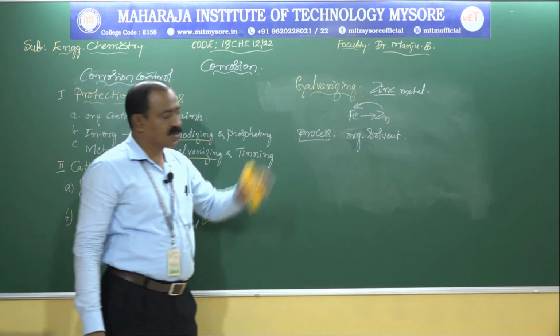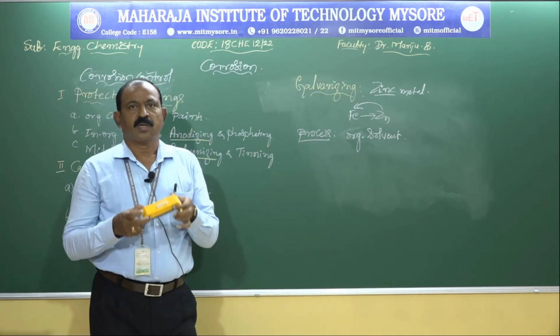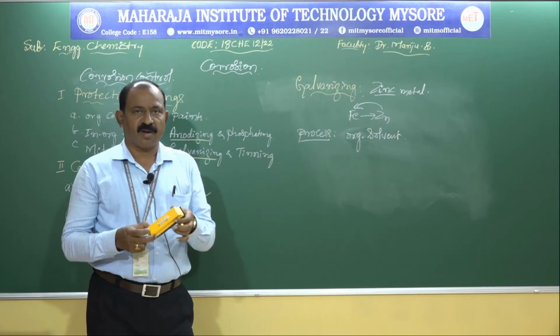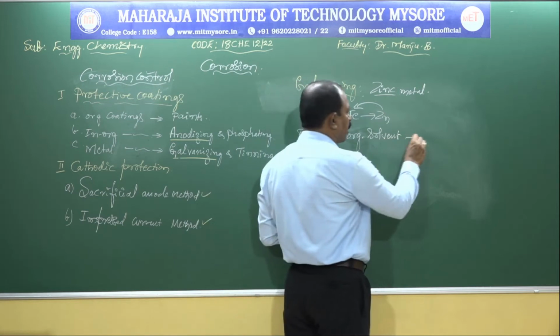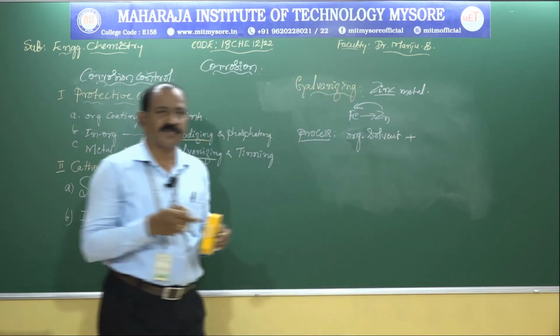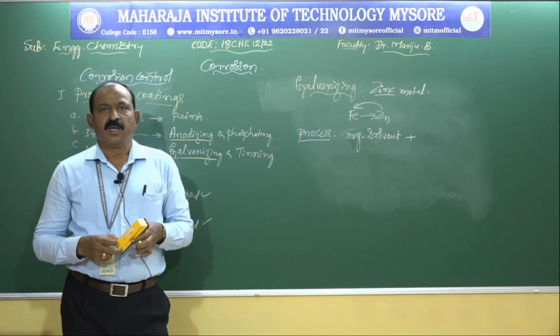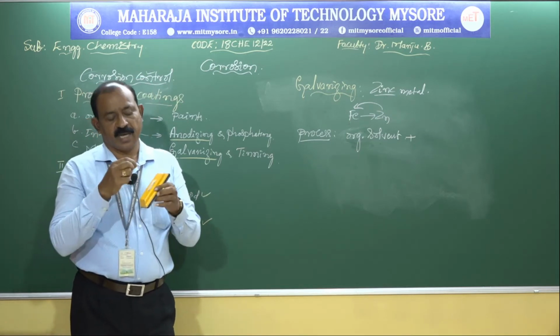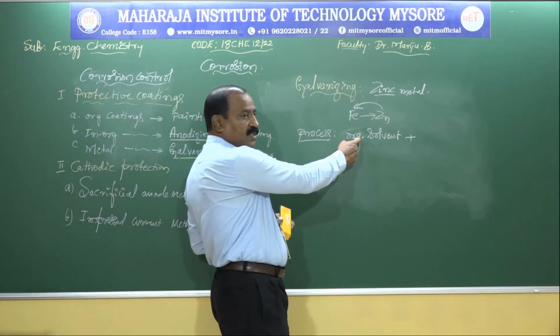In the galvanizing process, the article you want to coat with zinc should first be treated with an organic solvent, because that easily removes the organic matter on the surface of the object. Suppose it contains any oily or greasy layer, that can be removed by the organic solvent.